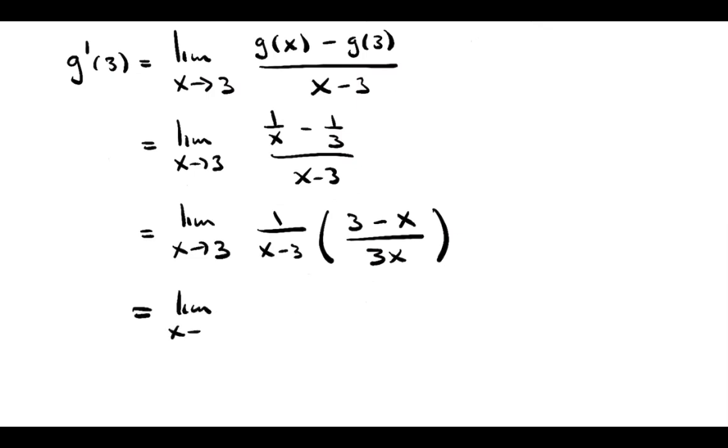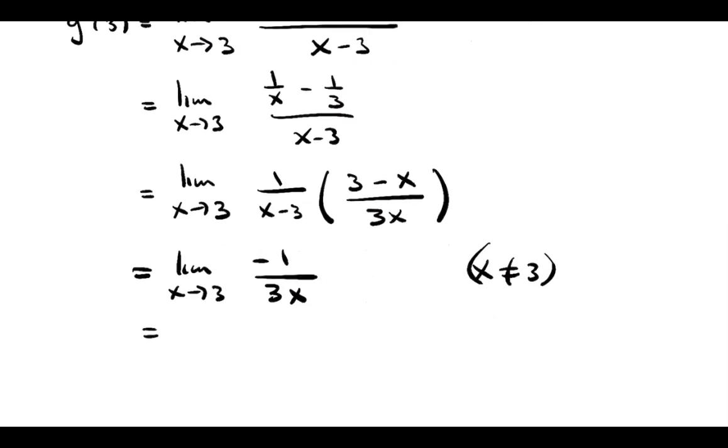Just like we did in the previous lecture when we were looking at this just as a limit, 3 minus x over x minus 3 is -1. So I'll cancel those factors. That cancellation is valid as long as x isn't 3. And now I can just let x equal 3 and get my limit. It's -1/9, that is, minus 1 over 3 times 3. All right, so that's my slope.